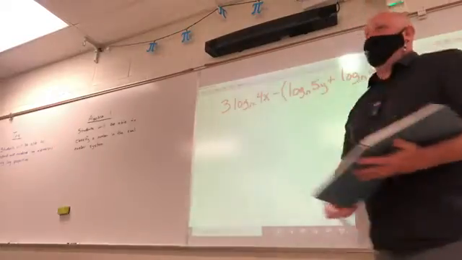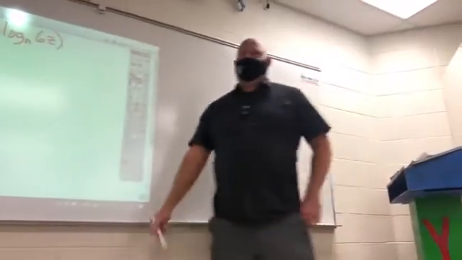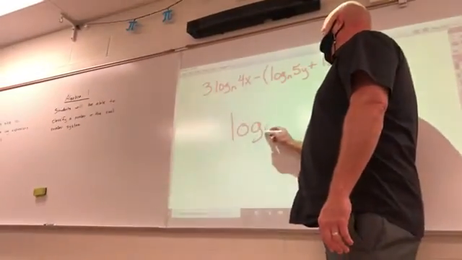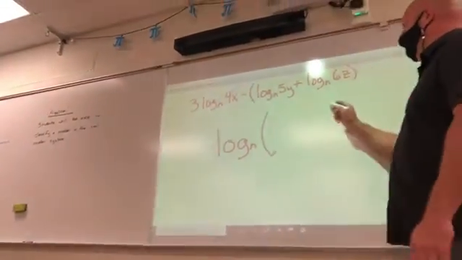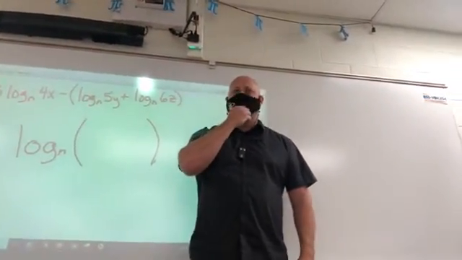And I want you to condense that down into one logarithm. So how many times are you going to write log? One time. Log base n of. Everything is going to go inside that, inside the of.